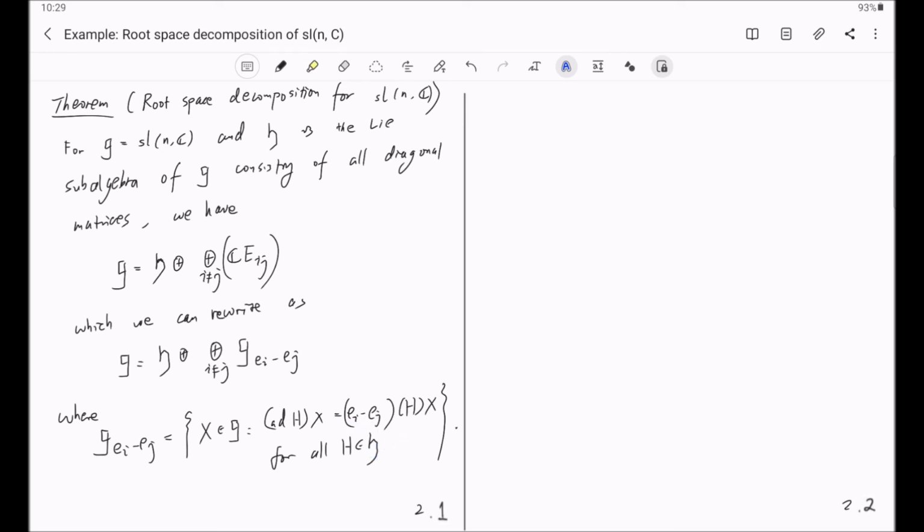And this theorem is a core part of this motivating example, SL_n(C).